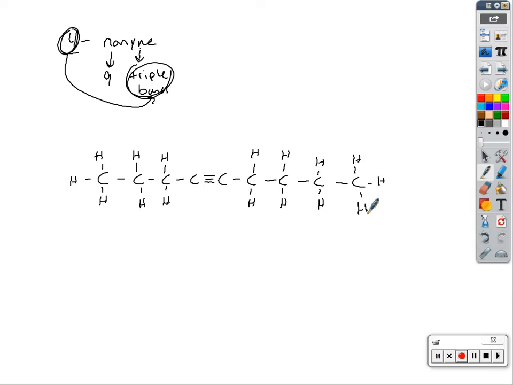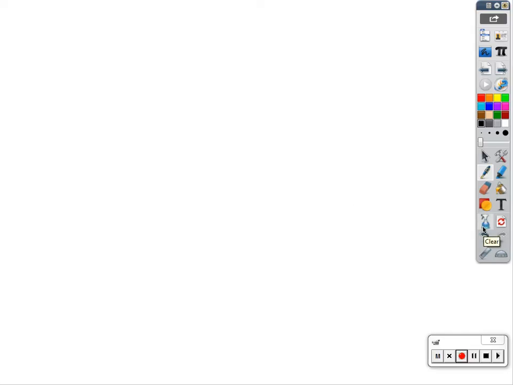So again, interpret the name. Draw out the number of carbons, then go back in and add your doubles or triple bonds to it. For the branched ones, same story, but we're going to have a little bit more information in that name. All of our parent chains will be alkanes, and the parent chain is the second part.